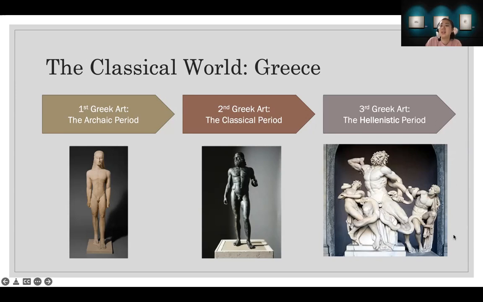And the last, the Hellenistic period, shows emotions and dynamic movement beyond the classical. So please remember the differences. That's the most important part of this chapter.